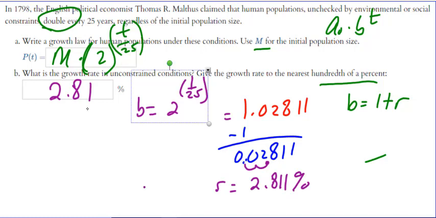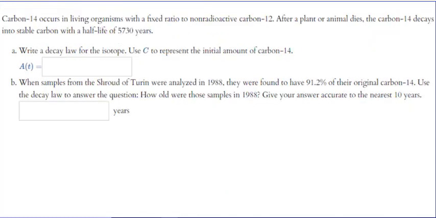Okay. Now, the previous problem and this problem are very similar. One's a growth, one's a decay. Okay. Now let's look at this. Carbon-14 occurs in living organisms with a fixed ratio to non-radioactive carbon-12.